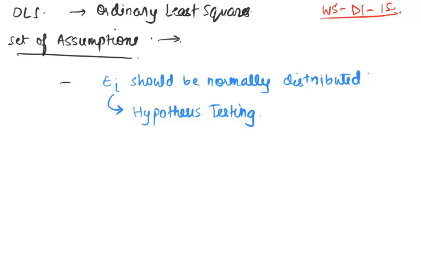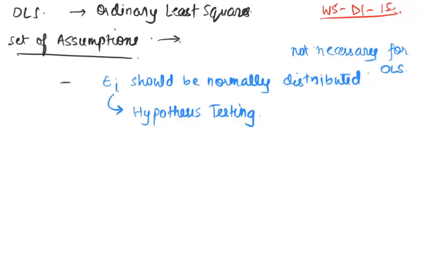If the error term is not normal, then there's a problem with the hypothesis tests, not a problem with the OLS estimation model, which is why I'm saying again and again that this is not necessary for OLS.